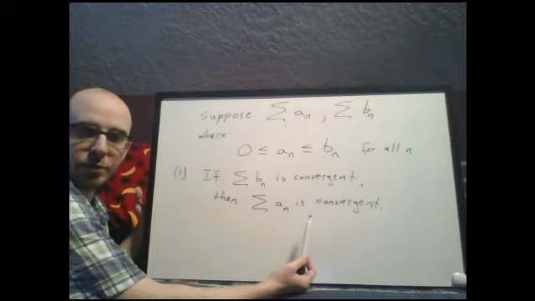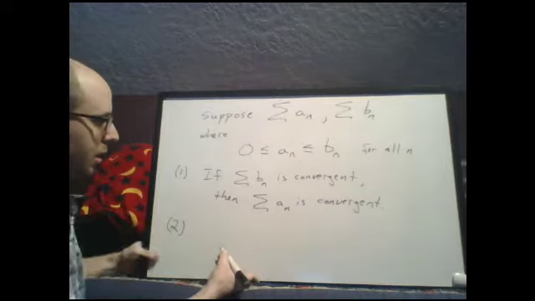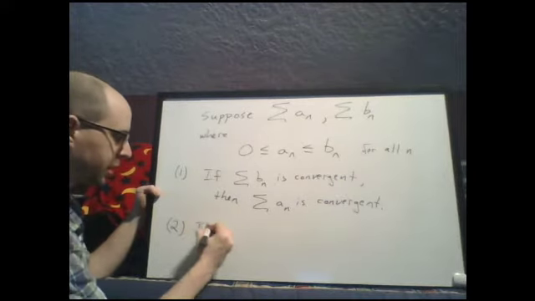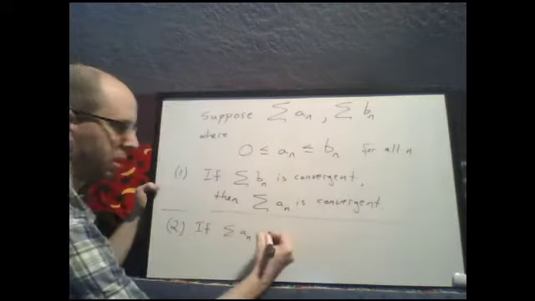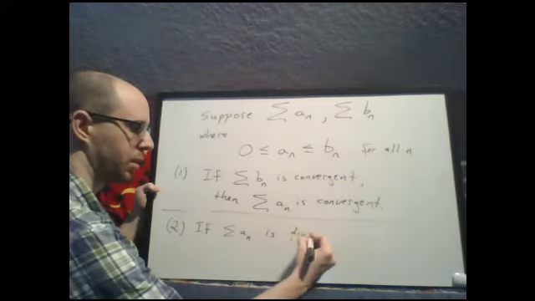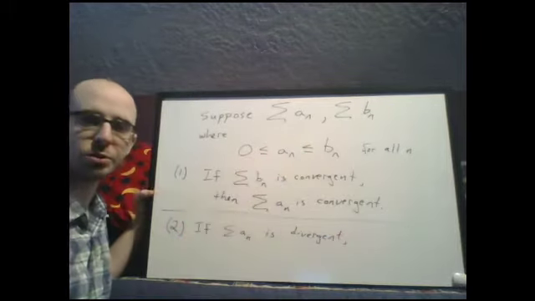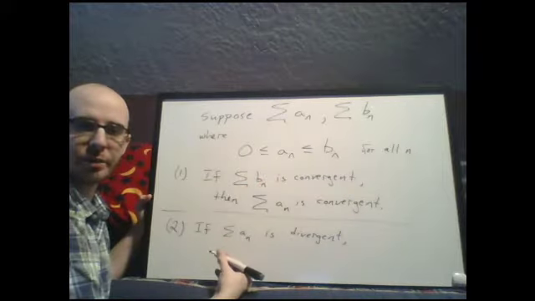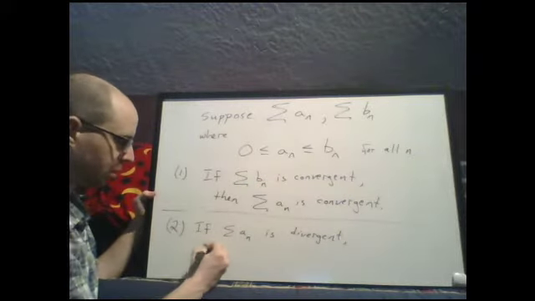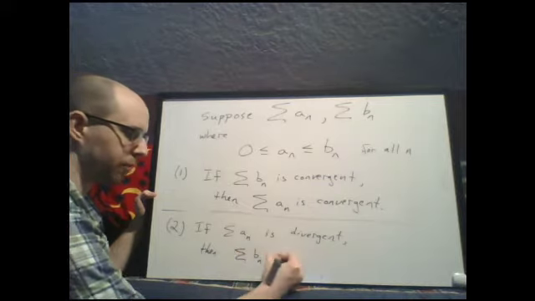Similarly, if I know already that the summation of the a's is divergent, that means the smaller of the two sums is infinite, has an infinite value, then the bigger sum also has to have an infinite value. So the summation of the b's must be divergent.